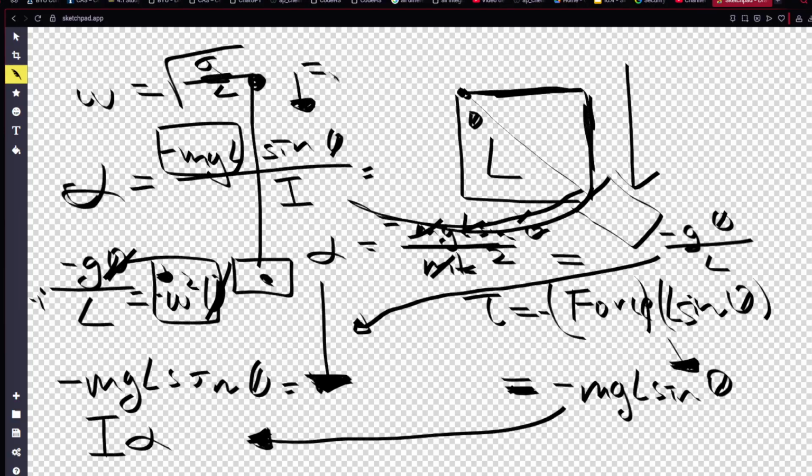Now we notice something interesting here: there is no mass in this equation. What does that mean? That means the weight at the bob of any pendulum has no effect on swing speed. Which is quite interesting, because you would think that a heavier object would be a little bit slower in terms of its periodic motion, but it's not. So inertia cancels out here.